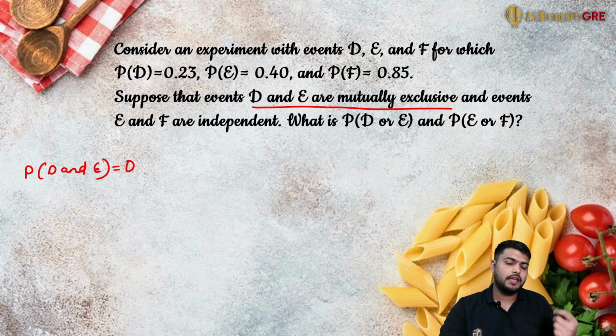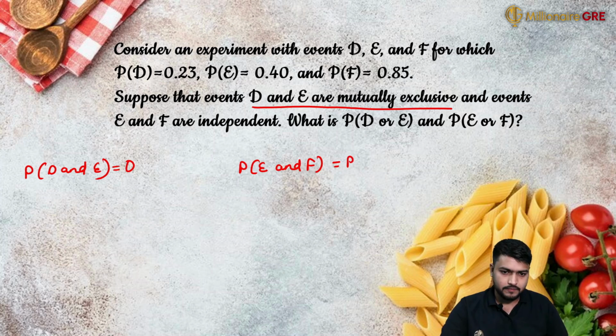We are also told E and F are independent. If E and F are independent, then P of E and F will be equal to P of E times P of F. We are asked what is the probability of D or E.